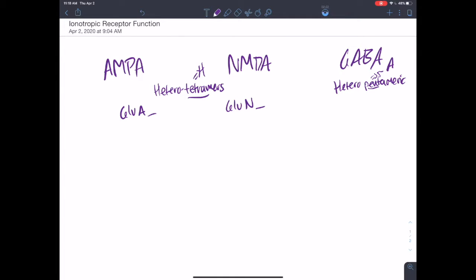But again, these AMPA and NMDA receptors, they're both cationic. Whereas AMPA receptors are passing only monovalent cations, meaning one charge, we can also say that these are selectively cationic.